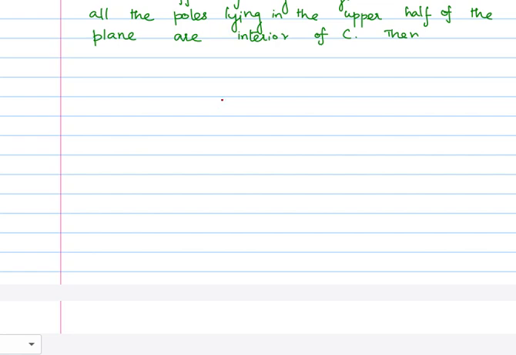So what is the idea? I will draw the graph first, then I will explain. So this is the complex plane. Now I draw the curve, so it looks like this.